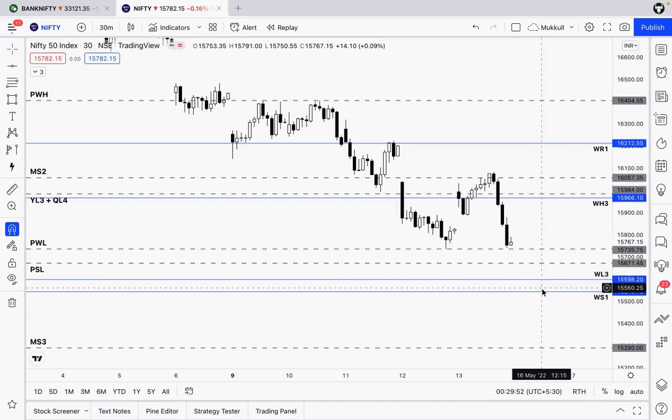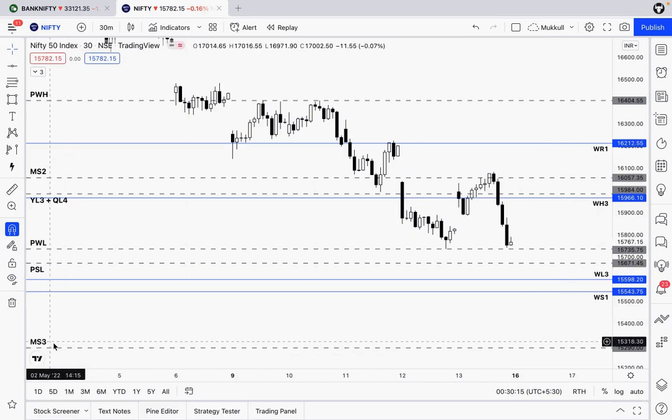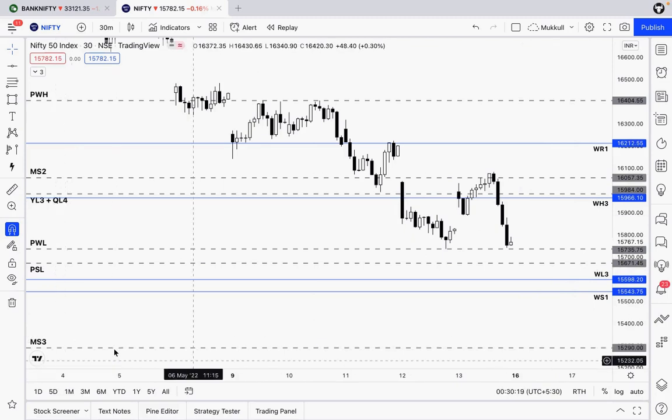Now, if you're breaking this zone too, if we break this low here, we can halt here, consolidate, and push back upwards toward weekly L3. Okay. But if you're not able to sustain this back, we can continue the fall till 15,290. That is the monthly S3 floor pivot, S3 reversal level. Okay.